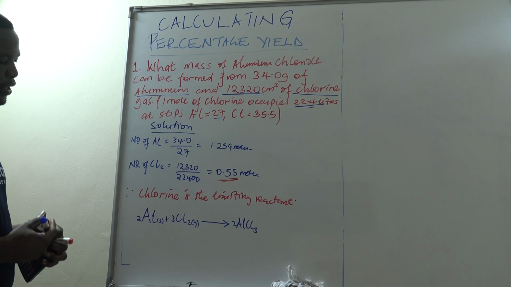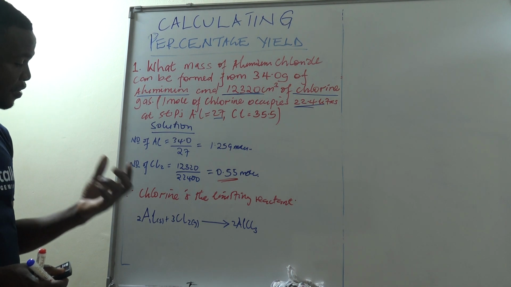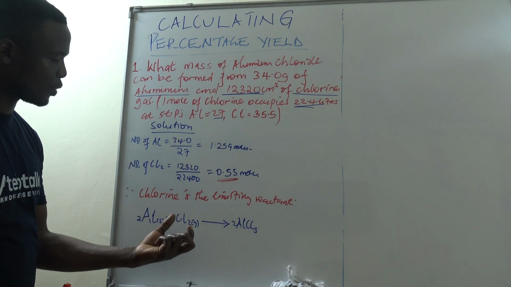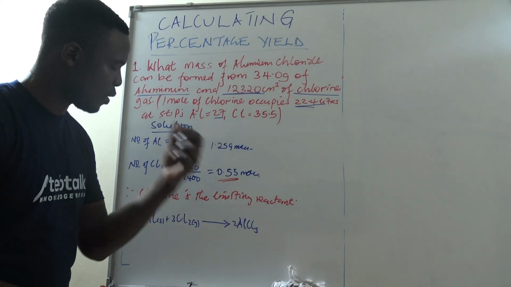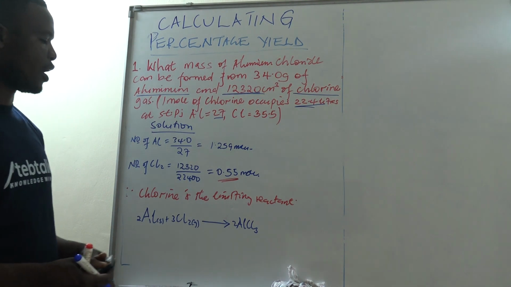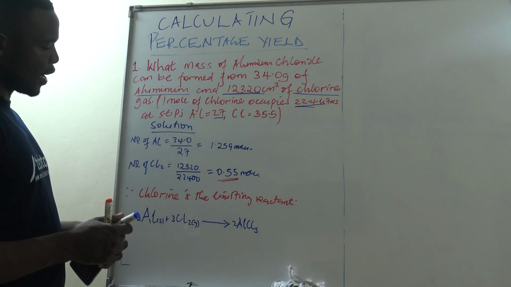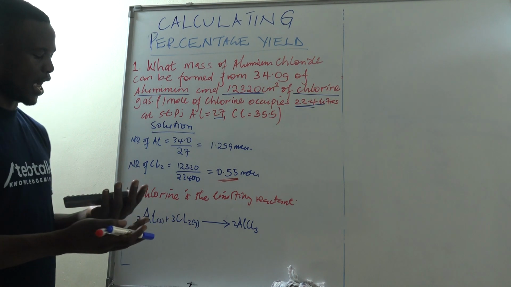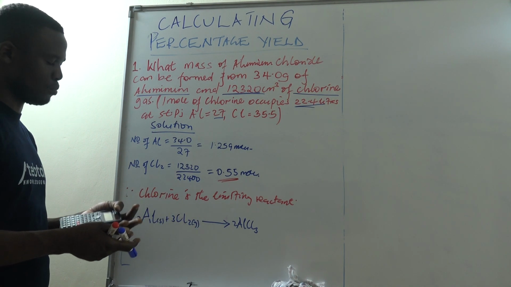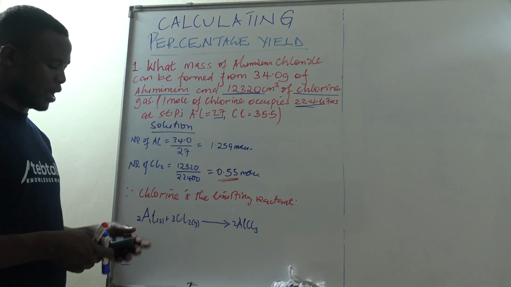Now, the next thing is we are going to use our limiting reactant to determine the amount of product that is formed, and our product was aluminium chloride. Here we have various ways we can proceed. We can either use moles. You remember the interpretations of chemical equations.